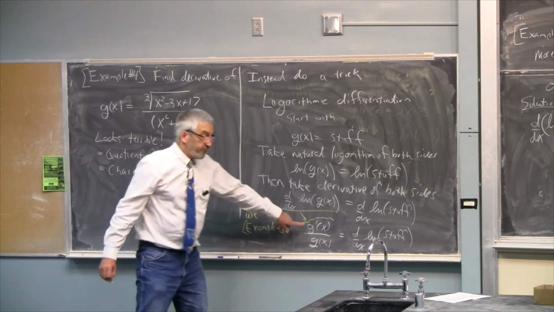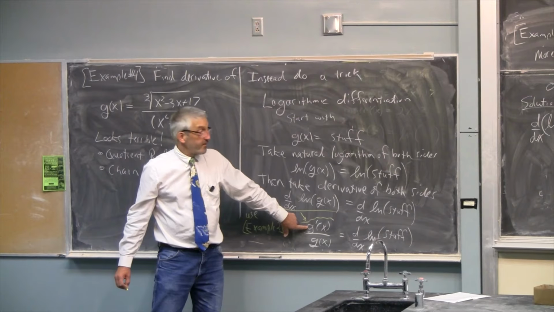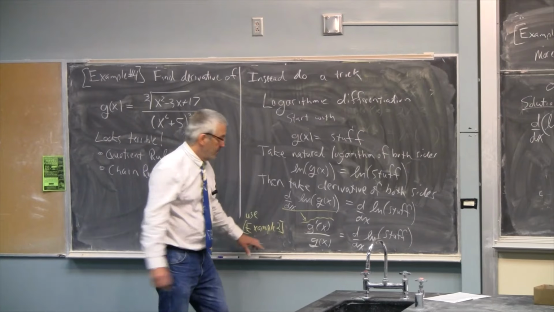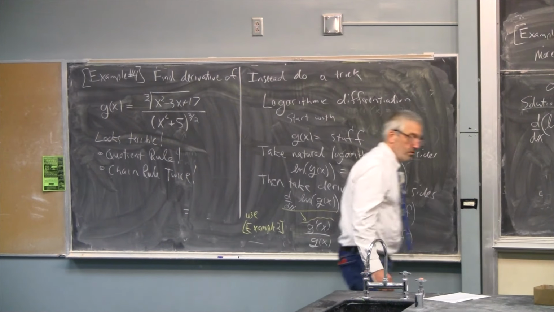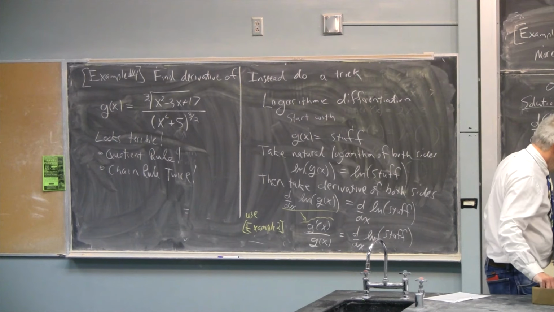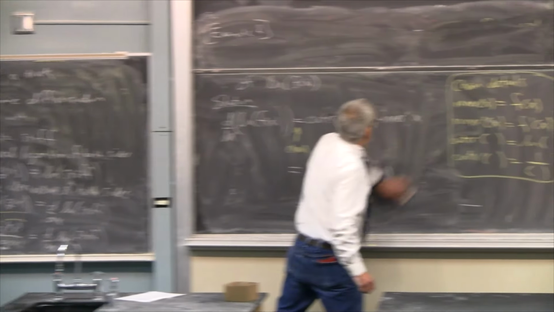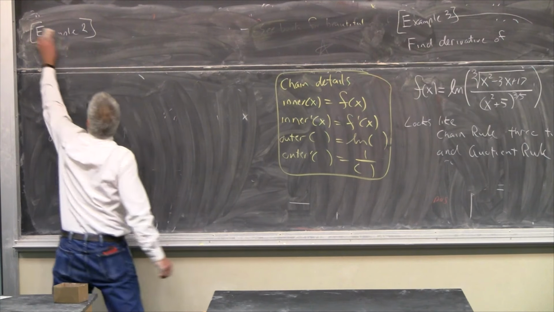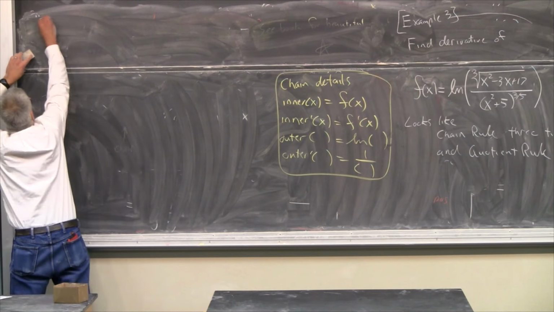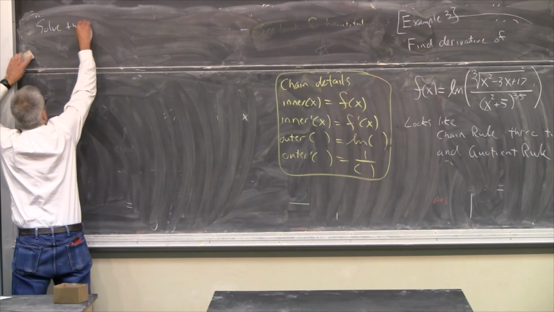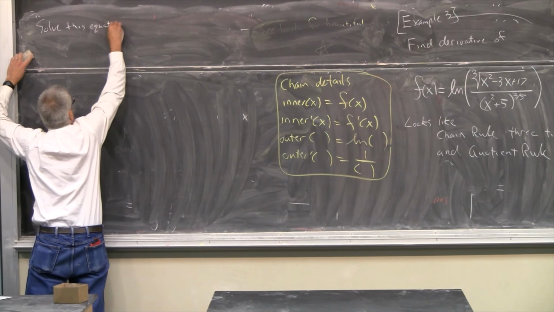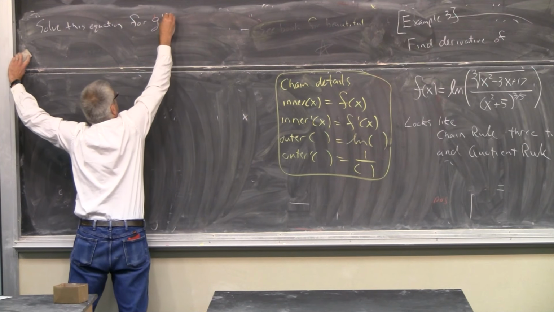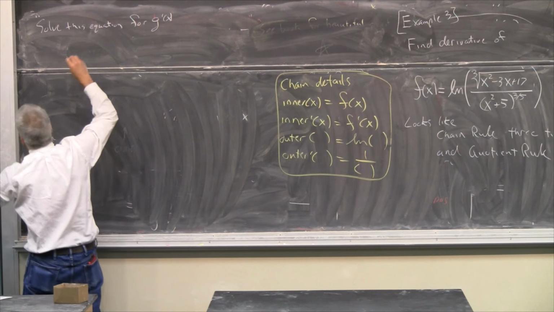Now, look, there's g prime. We're after g prime. So we're going to solve this equation for g prime by just multiplying both sides by g.